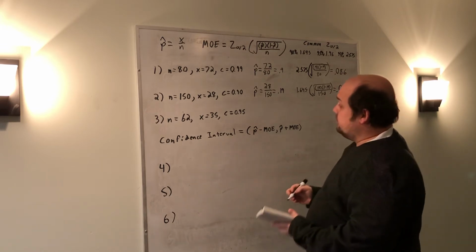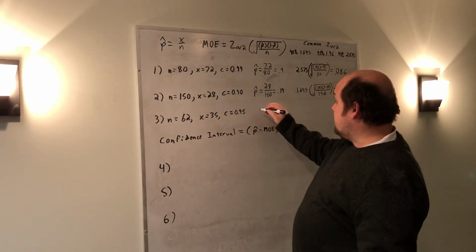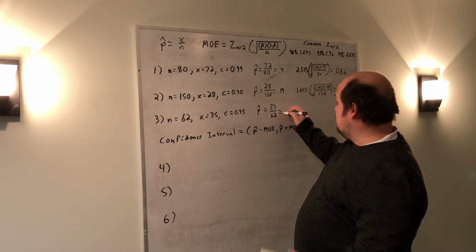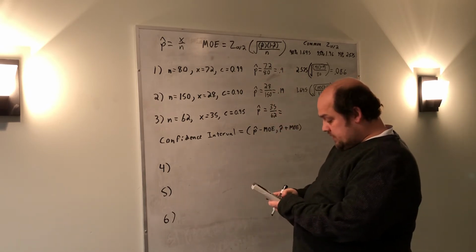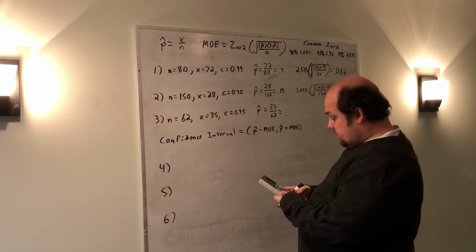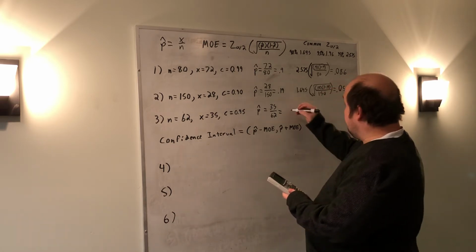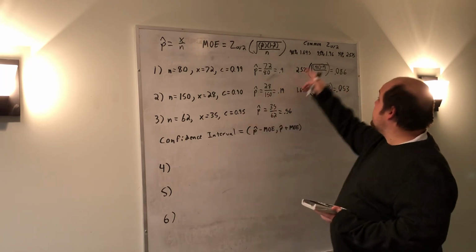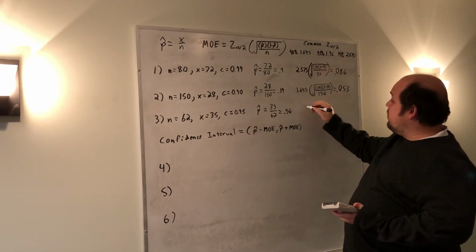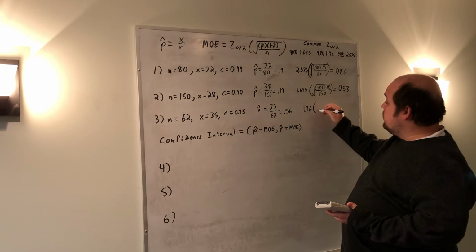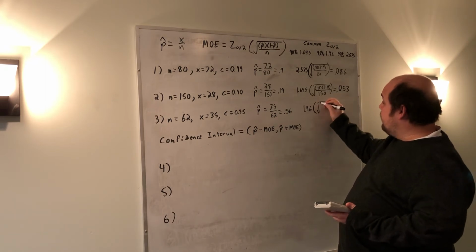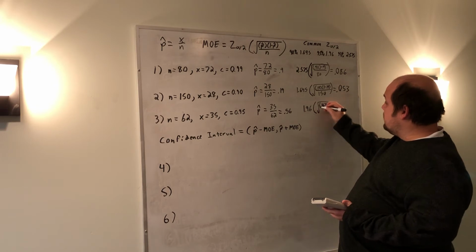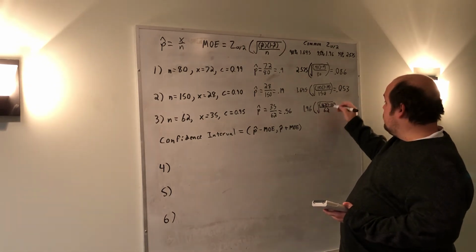0.053. For number 3, I start out calculating 35 over 62. 35 over 62 gives me 0.5645, which I'm going to call 0.56. Since I'm 95% confident, that points me to a value of 1.96, which is going to be multiplied by the root of 0.56, 1 minus 0.56 over 62.